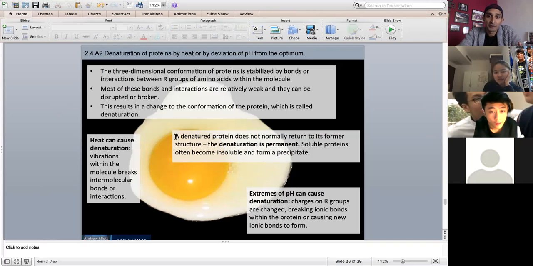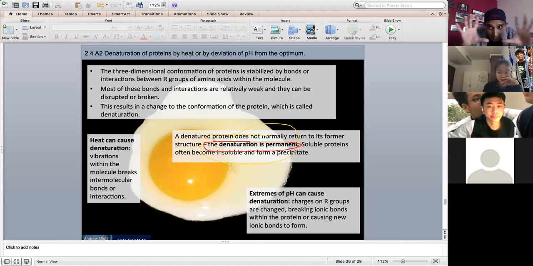What we want to be familiar with is that usually denaturation is permanent, meaning, have you ever tried to unfry an egg? Right? Once you fry the egg, it's fried.